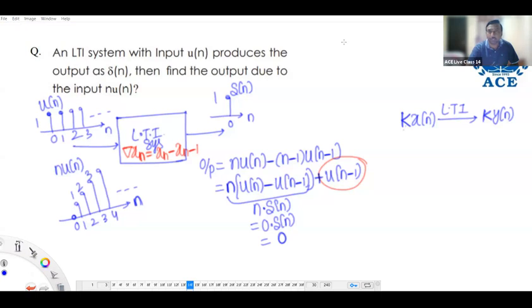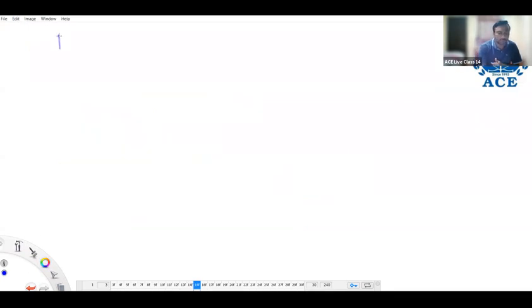Listen everyone, I'll give time for noting down. Fourier series and Fourier transform are the mathematical tools that provide the frequency domain concept.